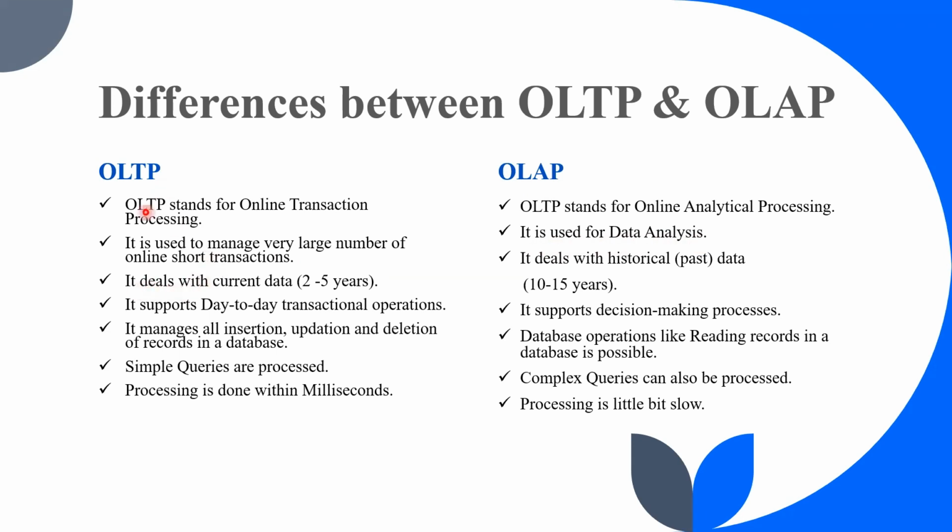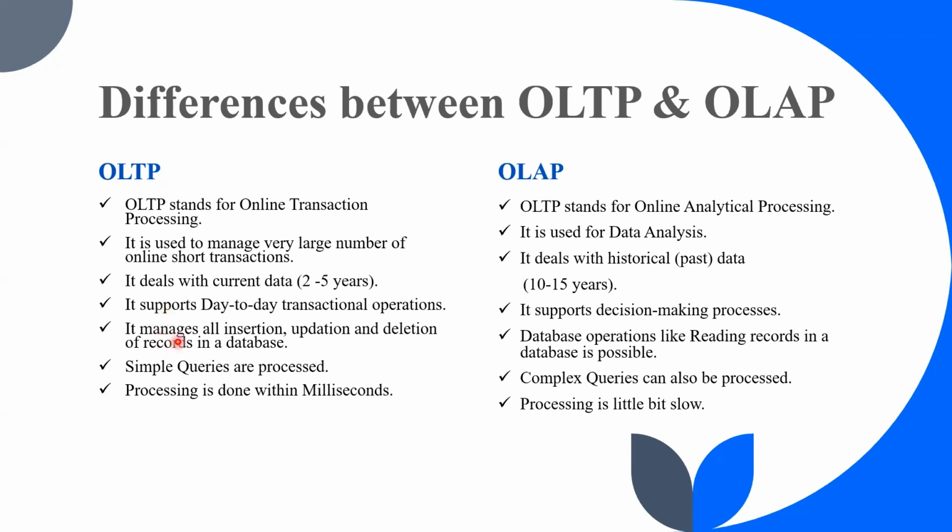And data with which OLTP works will be of 2 to 5 years. And in case of OLAP, as it considers the historical data, 10 to 15 years of data will be considered. And OLTP supports day-to-day transaction operations, whereas OLAP supports the decision-making process.